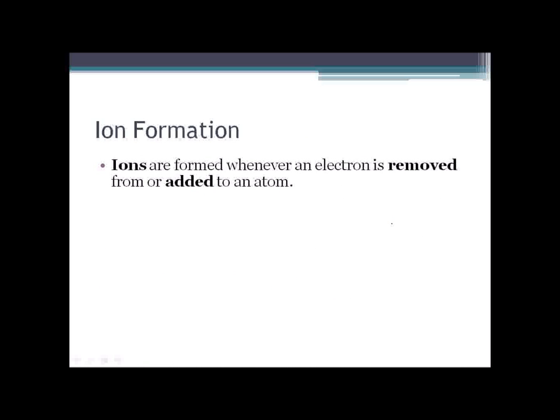Alright, now if something gains or loses electrons so that it can look like a nearest neighbour noble gas, it's then no longer a neutral atom, and we refer to it as an ion. That is, it's being charged. And the bottom line here is if something picks up an electron, it's got an extra negative charge associated with it, so it's a negative ion. If it loses an electron, it's then going to have a positive charge. It would be a positive ion.